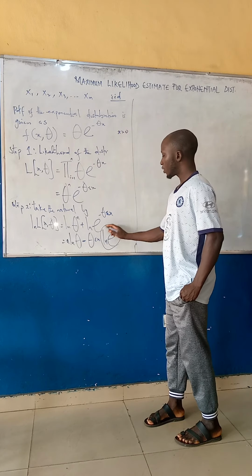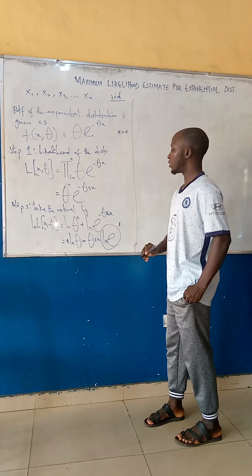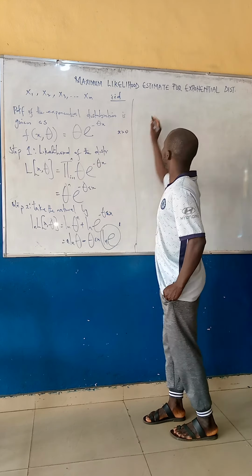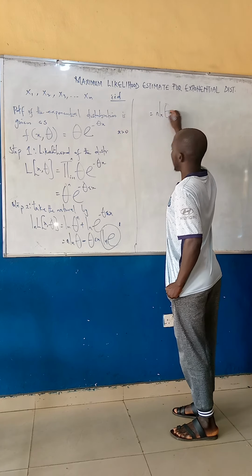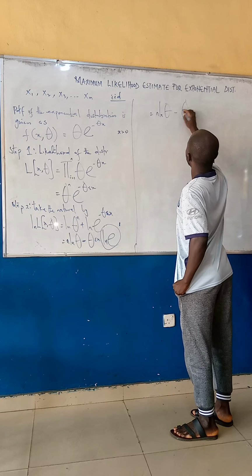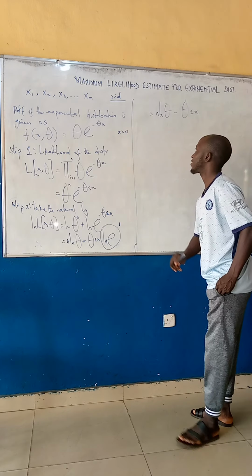Therefore, these two are going to be 1. And therefore, this step becomes n ln θ minus θ summation x.